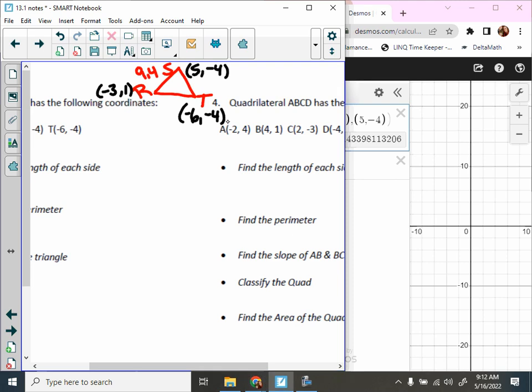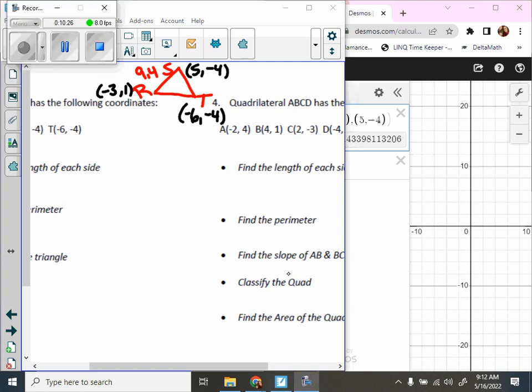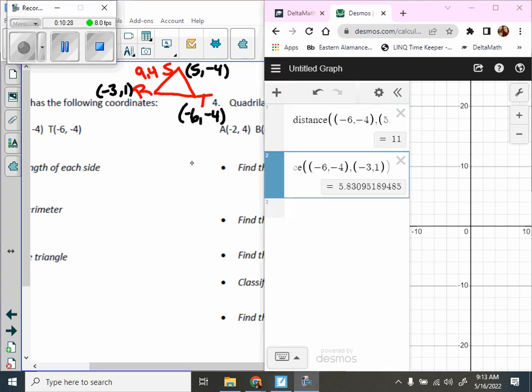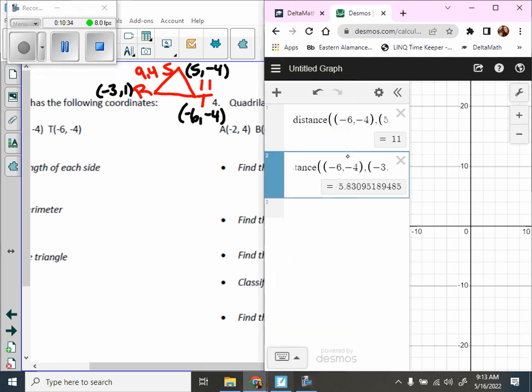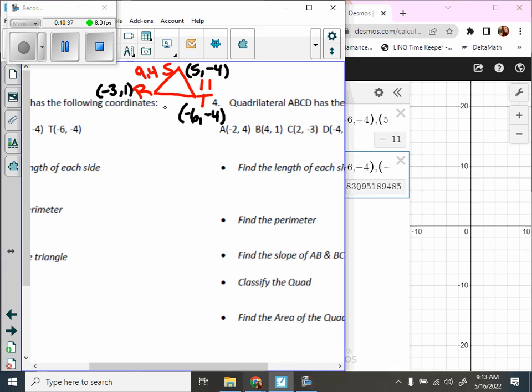Okay, now I want you guys to find the distance for the other two. Use 5, -4, -6, -4, and then use -6, -4, and -3, 1. Go ahead, type them in. All right, so ST got 11, and then 5.8 for RT.